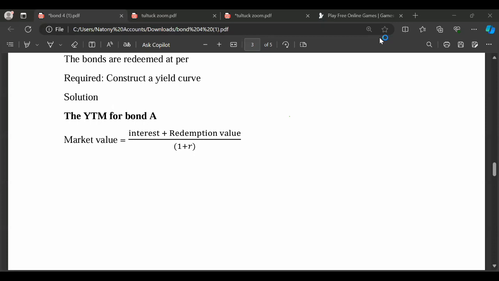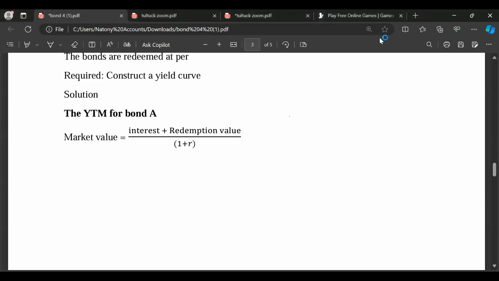So this is the formula for calculating the market value of a bond. Now, we already know the market value of the bond. The market value of bond A is 103.